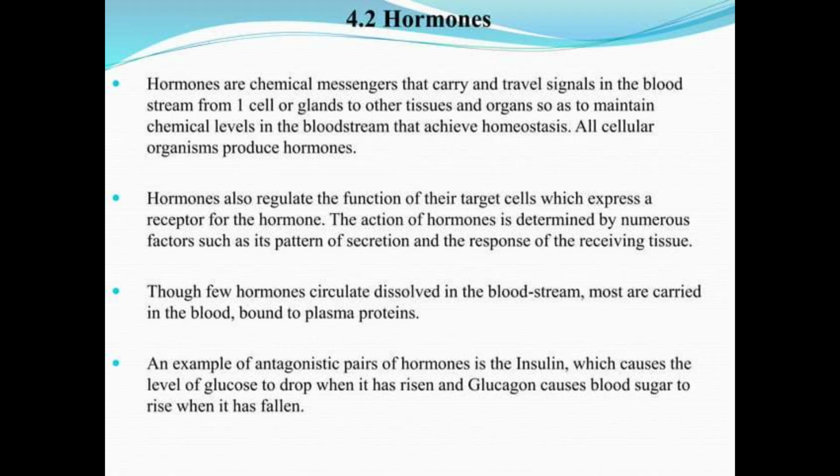Hormones. Hormones are the chemical messengers that travel in the bloodstream and reach particular glands, tissues and organs that maintain homeostasis for the development of the cell. Hormones regulate the function of particular target cells, which express the receptor for that hormone. Normally the cells have the receptor for the binding of the hormone.